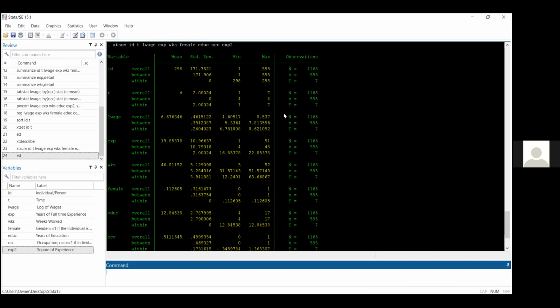So for wage, what does this mean? The average, and like I mentioned, these ones don't make sense to interpret because you're just listing people. But I want to come here. Between, if you ask why is this one 0? Between individuals, why is this? The mean here is 6.67 for the overall.